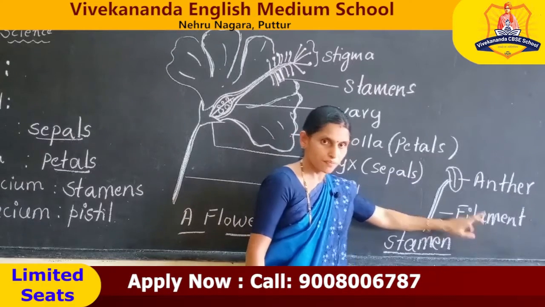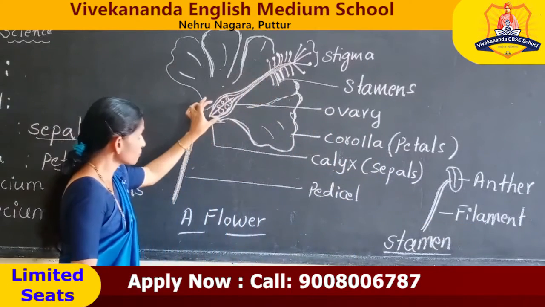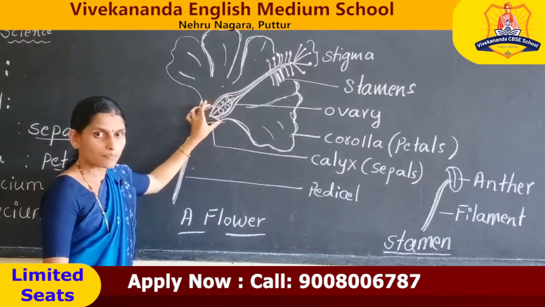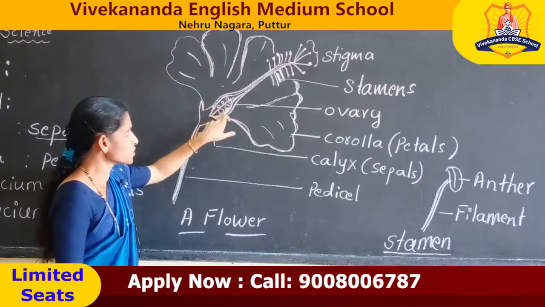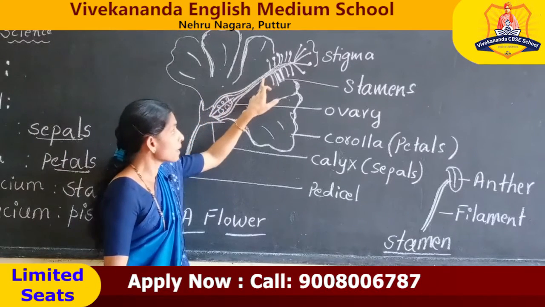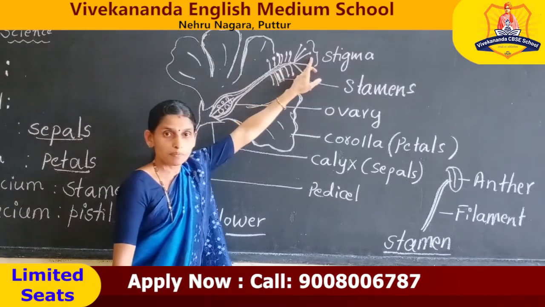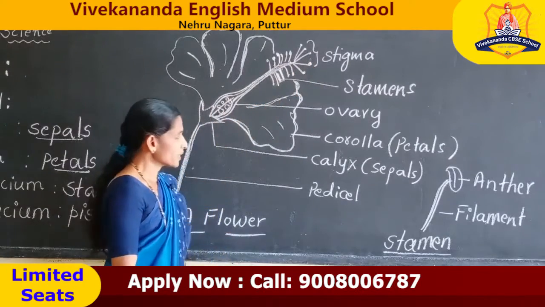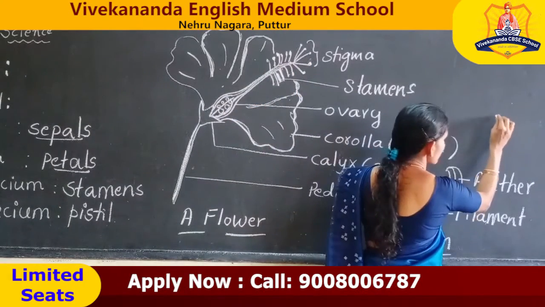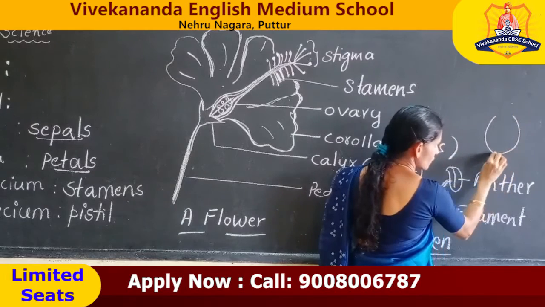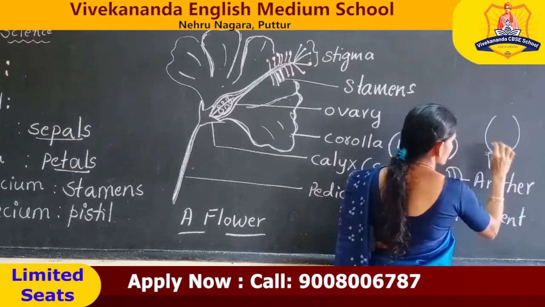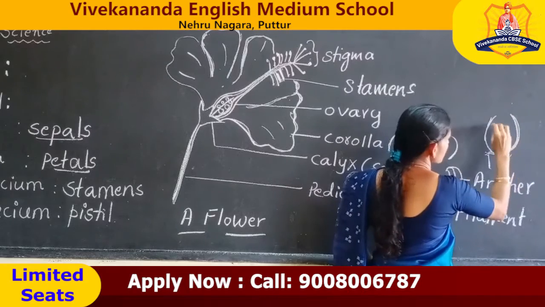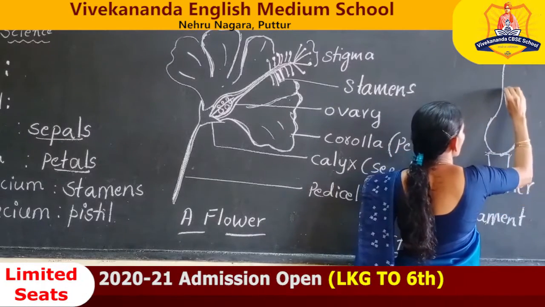And one more important part, the innermost part of the flower, the pistil or gynoecium, shows three parts: the ovary, the middle part style, and the tip part stigma. Here is the diagram of that one. Here it is the basal ovary, and this is the style, and these are the stigmas.